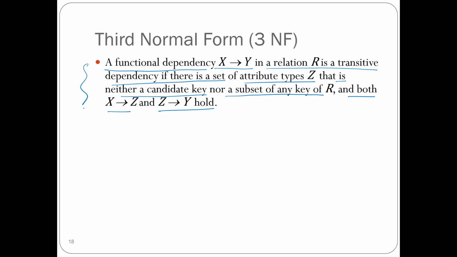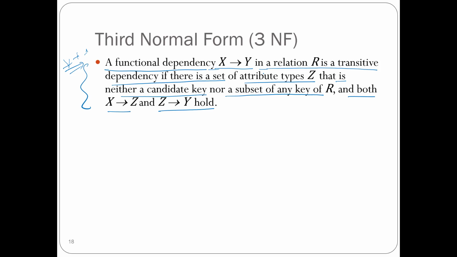One more time, let's try to understand what we are saying here. Here again we are not saying anything about third normal form yet. We are making sure that we understand an interesting kind of functional dependency related to third normal form: the transitive functional dependency.